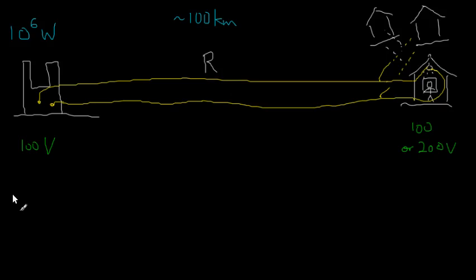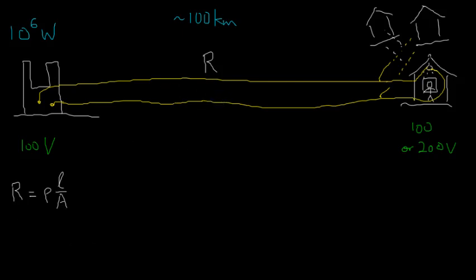Recall from many videos ago, rho is the resistivity, and we have an equation that relates them. R is equal to the resistivity of the metal times the length divided by the area.